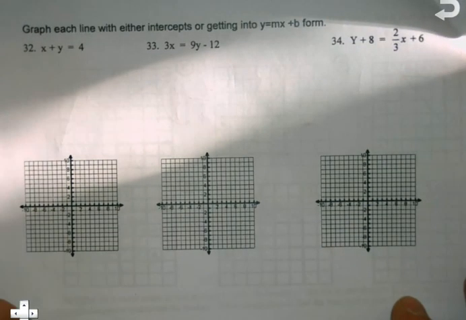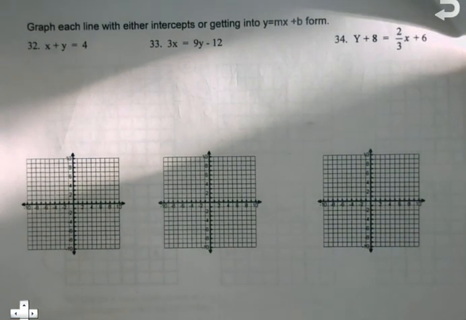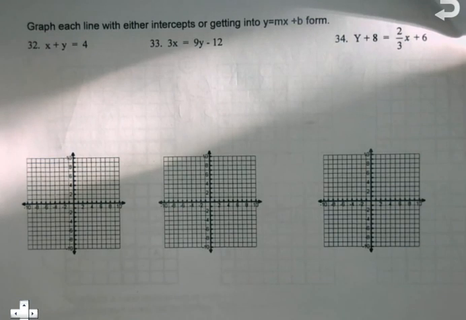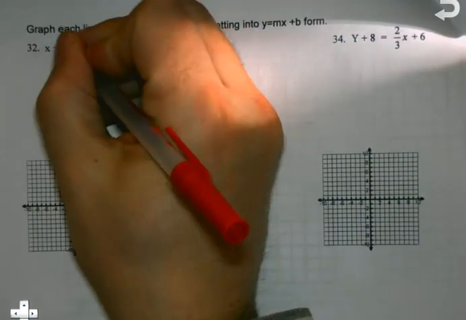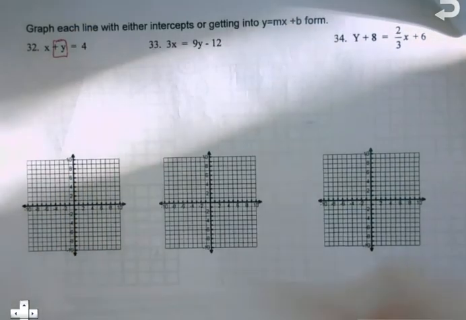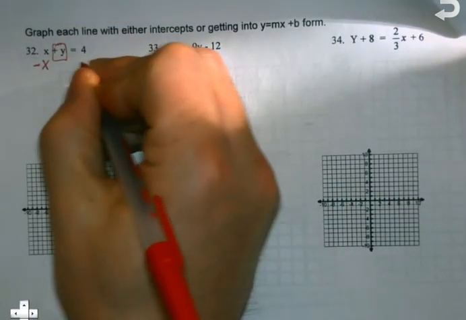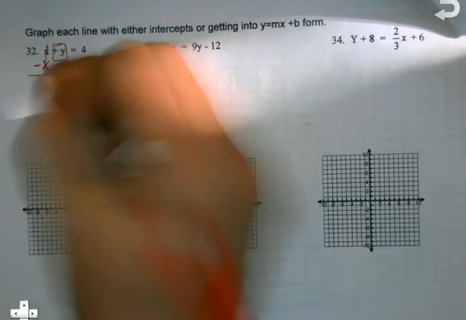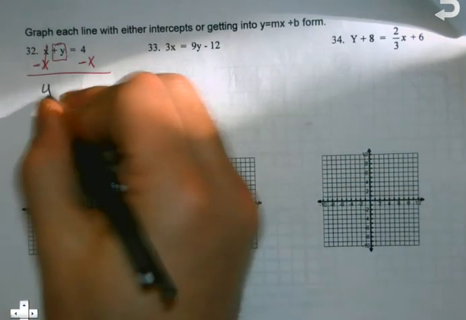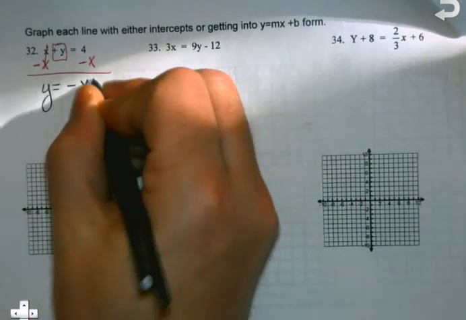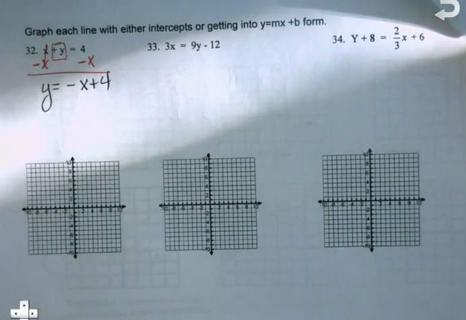All right. Here on the back, there's directions on the bottom. Get y alone. Minus the x. Now, here's what you have to be careful of. It's negative x plus 4. It's not negative 4x. I can't put the x and the number together as one thing.